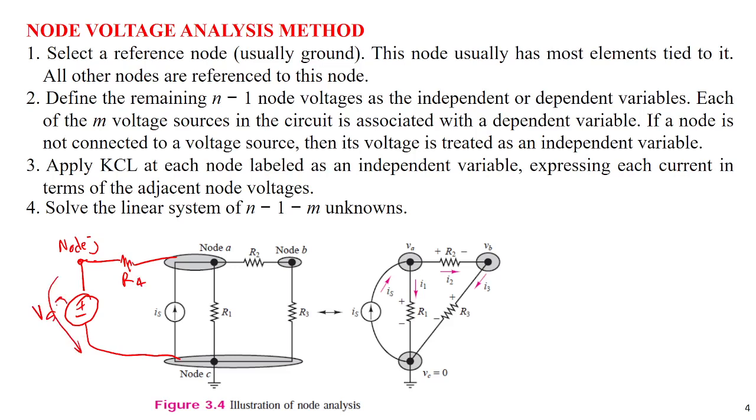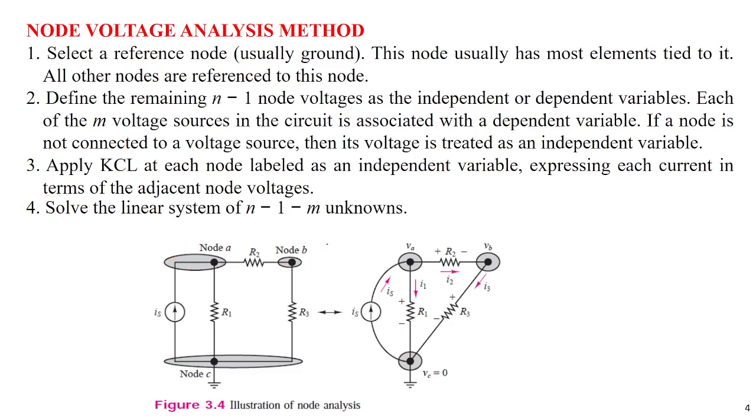We don't need to calculate it. We know Vj is this voltage if it's connected to the voltage source, right? We know this voltage already. But for the nodes that are not connected to the voltage source, node A and node B here, we take them as variables, okay?